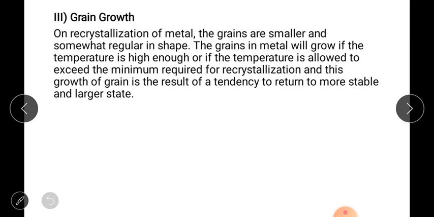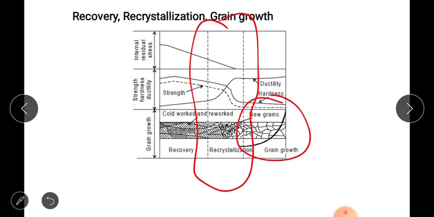As the molten metal has a higher temperature, the grains in the metal will grow at a faster rate. And thus the growth of grain is the result of a tendency to return to a more stable and larger scale. So that is the indication of the grain growth. You can observe grain growth in this region, means a similar kind of crystal structure we can observe here. There is no randomness in the structure.